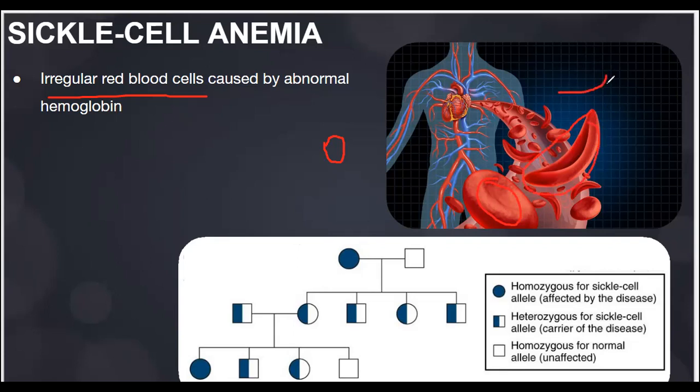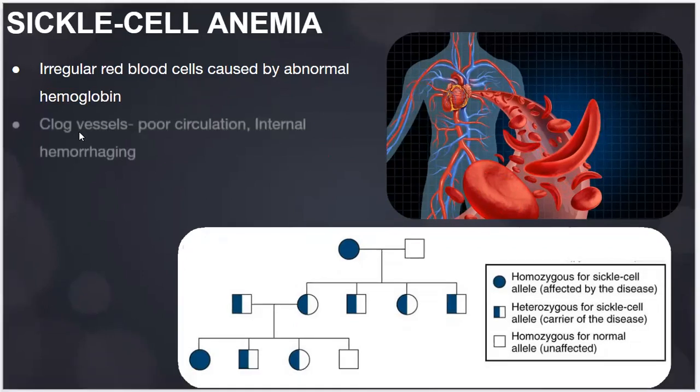You can see this shape; the normal is this. This is because of a defect in the gene which makes your hemoglobin basically. So now abnormal hemoglobin is made, and because of that, the shape of the RBCs changes, sickle shaped. So that is how the name sickle cell anemia.